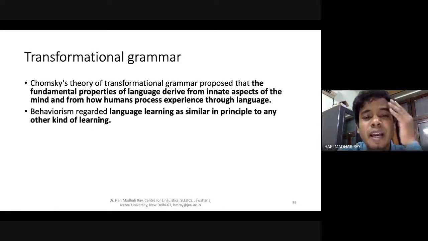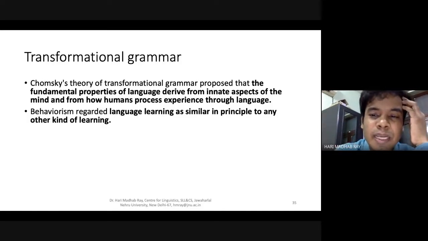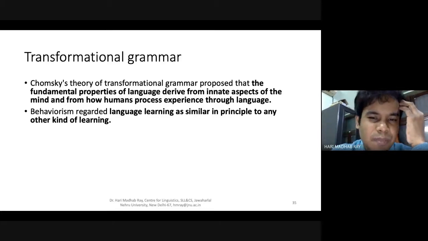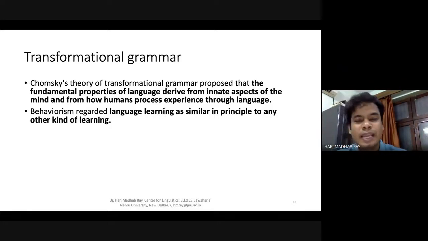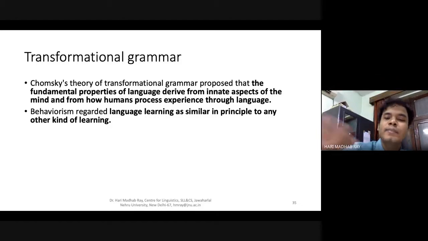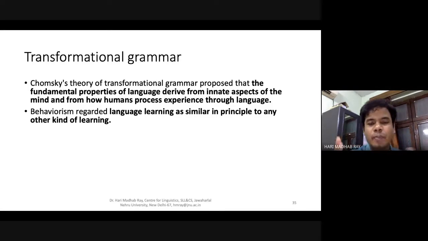Behaviorism regarded language learning as similar in principle to any other kind of learning, whether learning to ride a bicycle or drive a car. But language learning is different. You cannot compare language learning with learning to ride a bicycle. It is a totally different kind of mechanism.